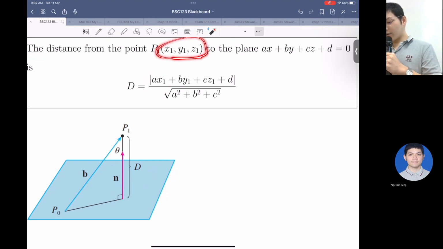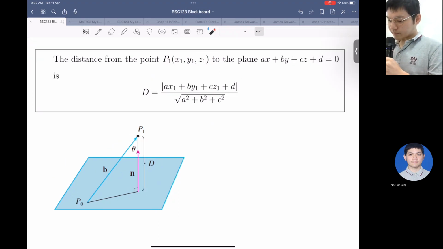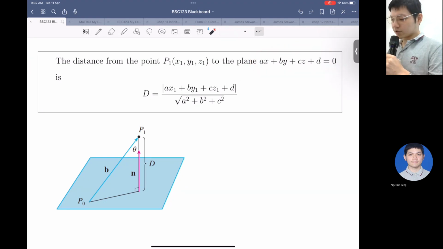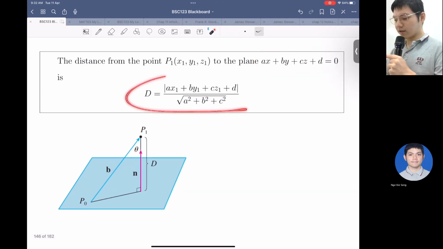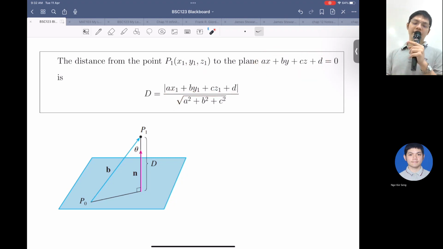You have your point x1, y1, z1, and you have this plane here. What you do in this formula is you just substitute this point into your plane equation, divided by the length of the normal vector.